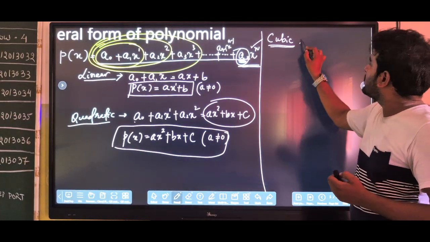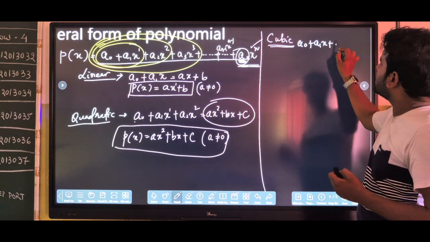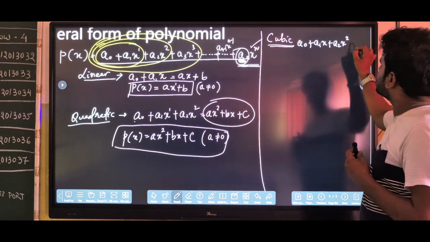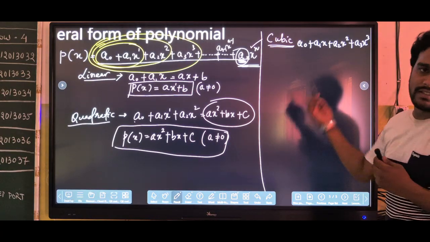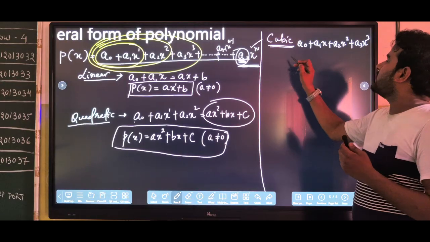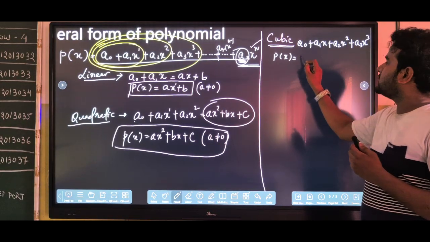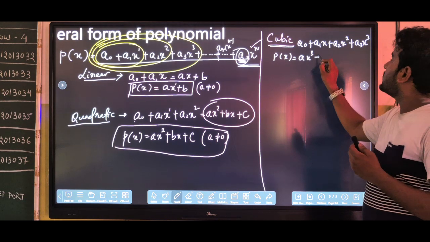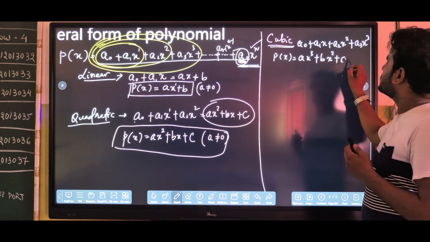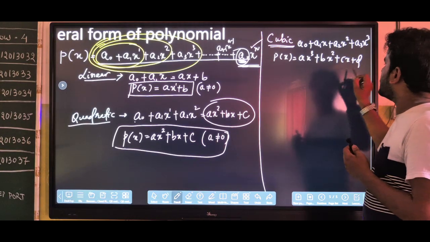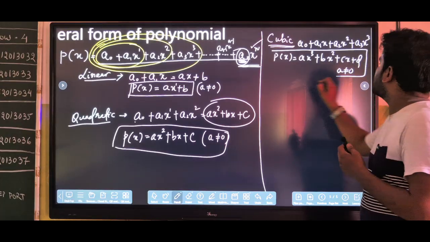A0 plus A1x plus A2x square plus A3x cube. Highest is 3, cubic. Let us simplify this more. A3 becomes A, A2 becomes B, A1 becomes C, and the constant becomes D, with A not equal to 0. So this is for cubic.